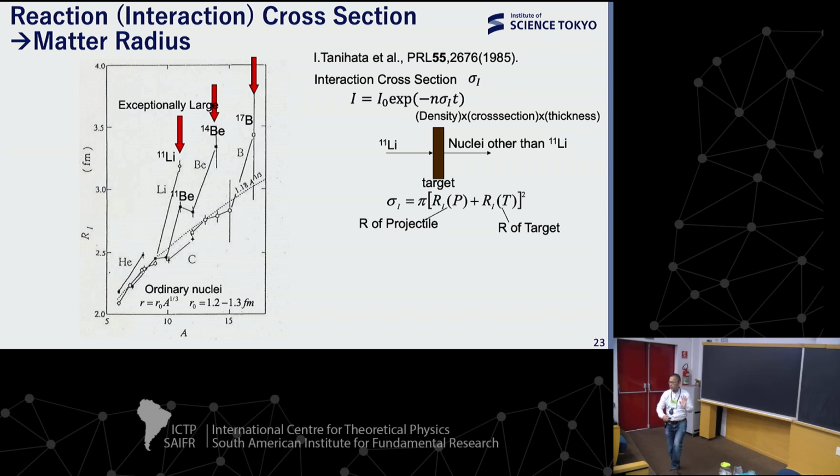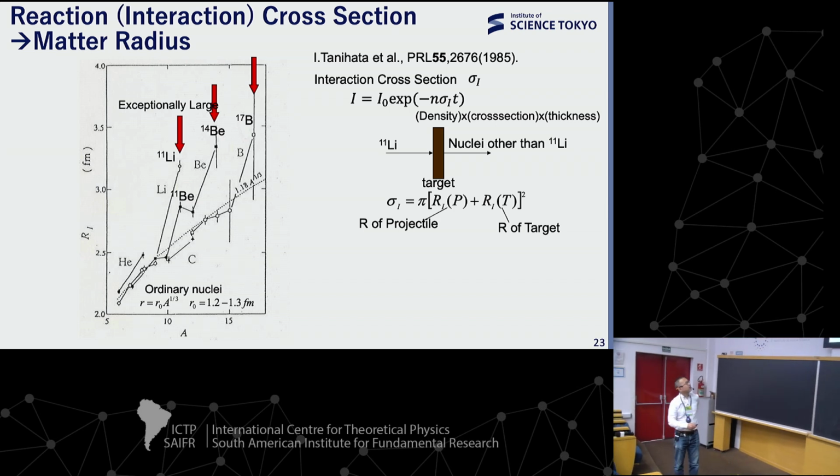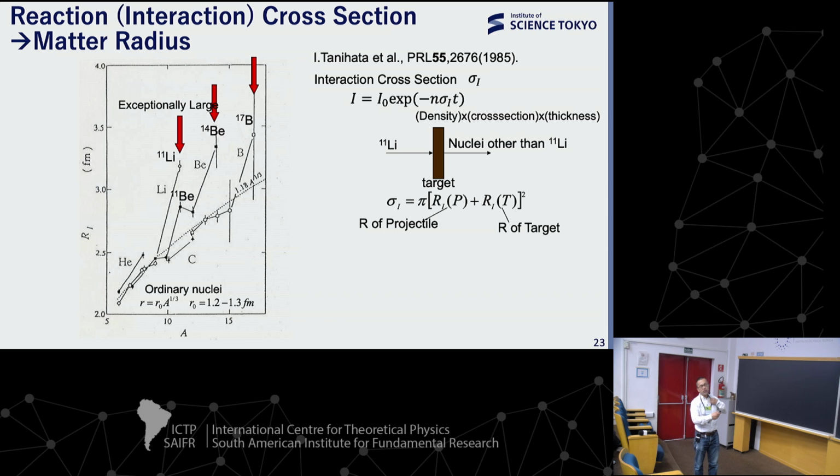Okay, maybe this was also discussed by Jen-san, but I start from the reaction cross-section, which is used to extract the matter radius of this nucleus. The idea was very simple.